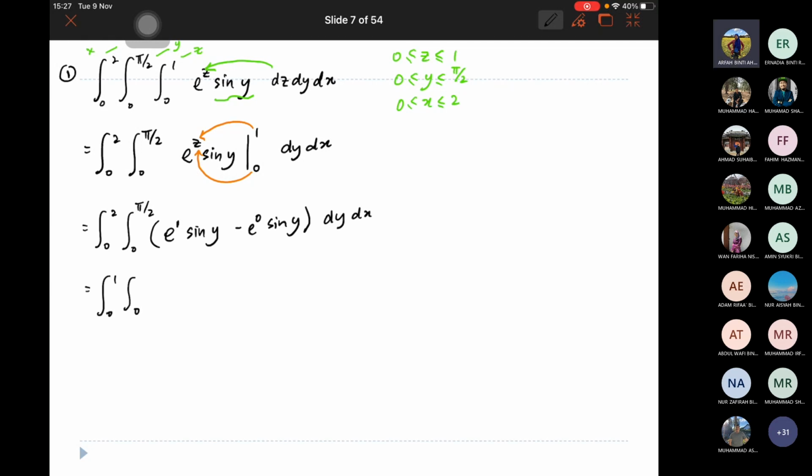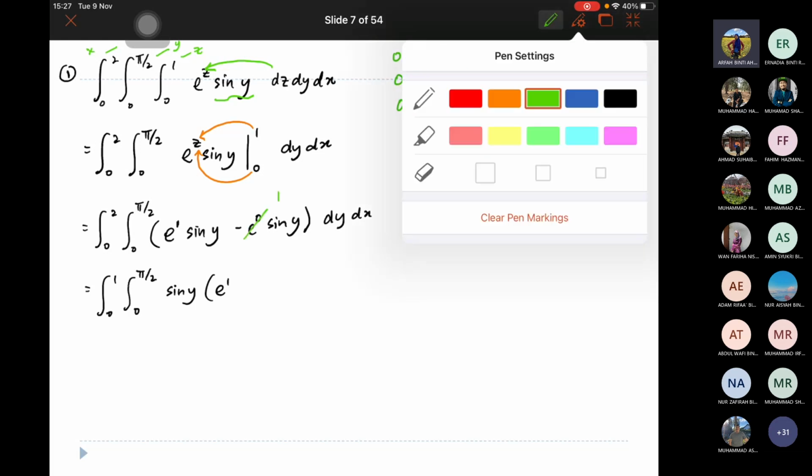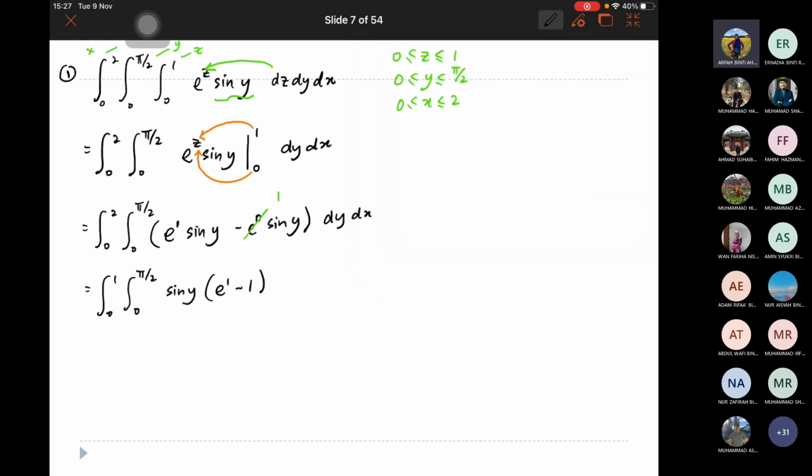Integrate 0 sampai 2, 0 sampai pi per 2, kita boleh faktorkan sin y, exponential 1 tolak exponential 0 is 1. Okay. Tolak 1 dy dx. So boleh buat apa? For this one. Once you get the integration to be in the form of like that.